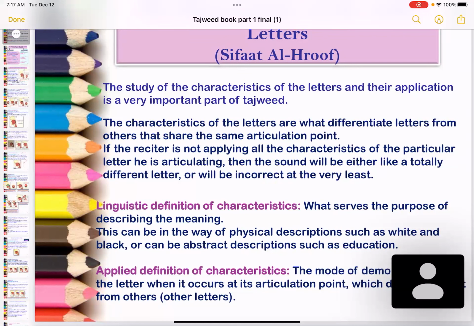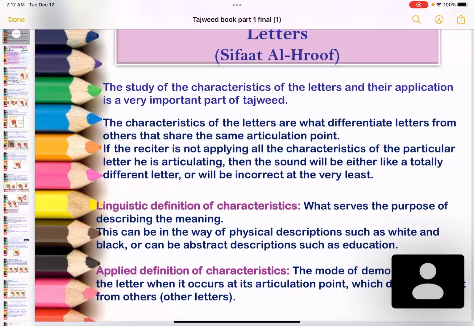This is a very common mistake we make, because we end up pronouncing qaf as kha, right? They are totally two different letters from different articulation points, but they are close in proximity. That's the reason why we have to be very, very careful. We have to have a very good grip on the makharij, which will make our foundation very strong.